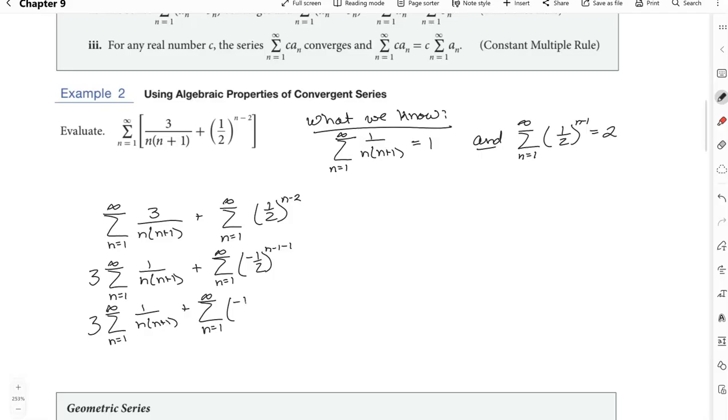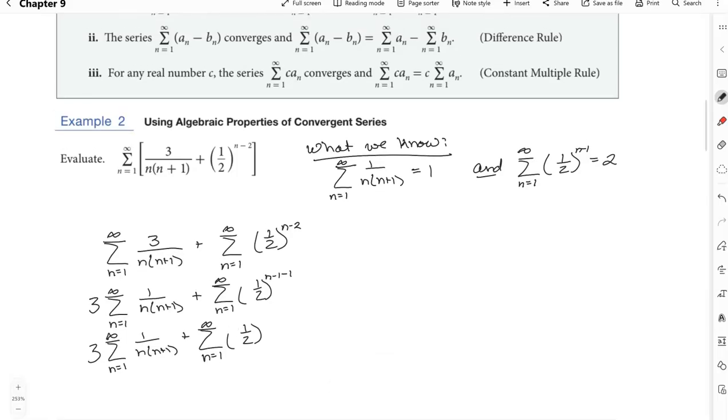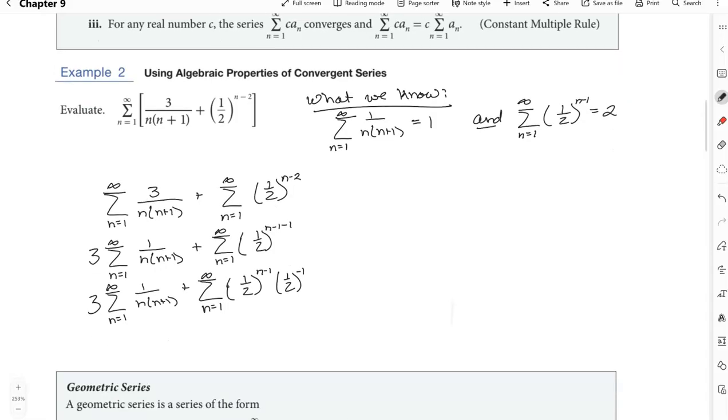Think about this as 1/2 to the n minus 1 times 1/2 to the negative 1.